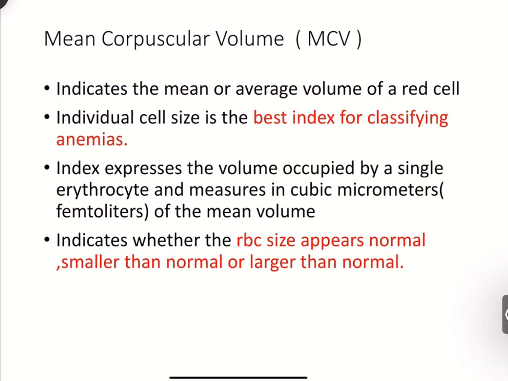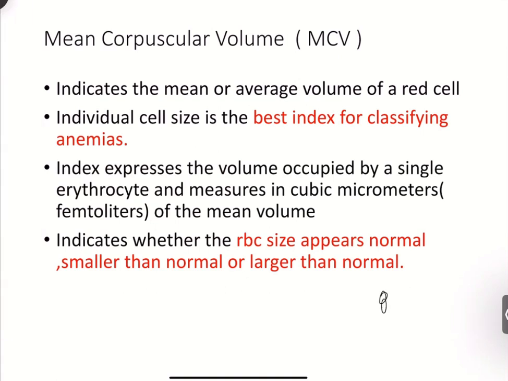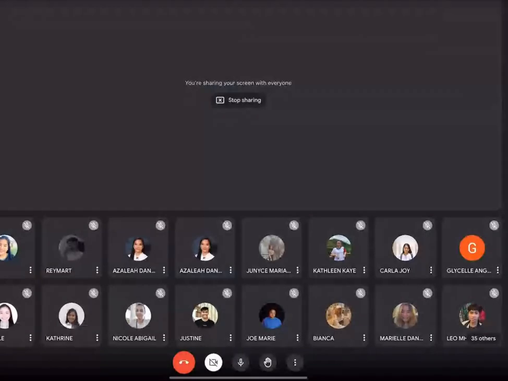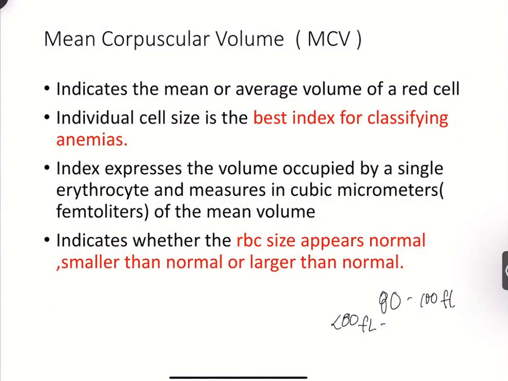So what is the normal value for this? We have 80 to 100 femtoliters. Okay, it's the normal value for your MCV. Lesser than 80 femtoliters results in microcytosis.